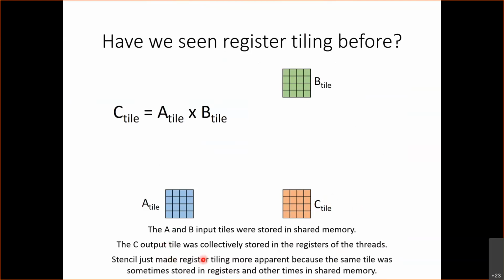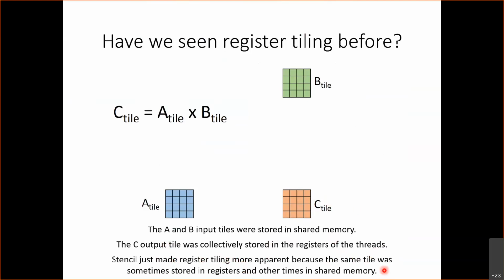Stencil made it more apparent that we were using register tiling, because we use the same tile, and sometimes we put that tile in shared memory, and sometimes we put that tile in registers. But we actually use register tiling all the time without even realizing it. Over here, when it's a next tile, it goes in the register.